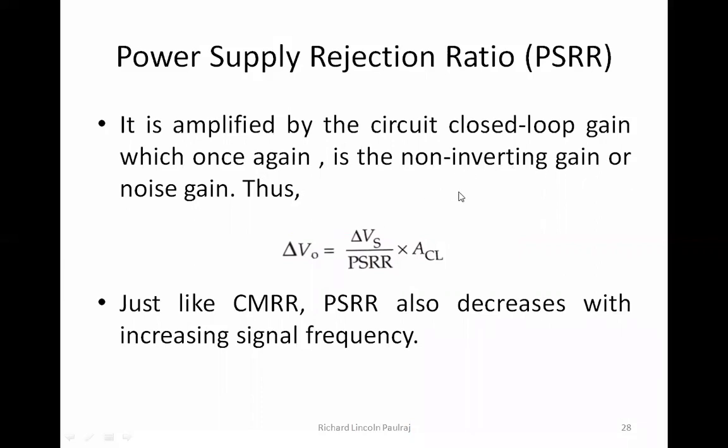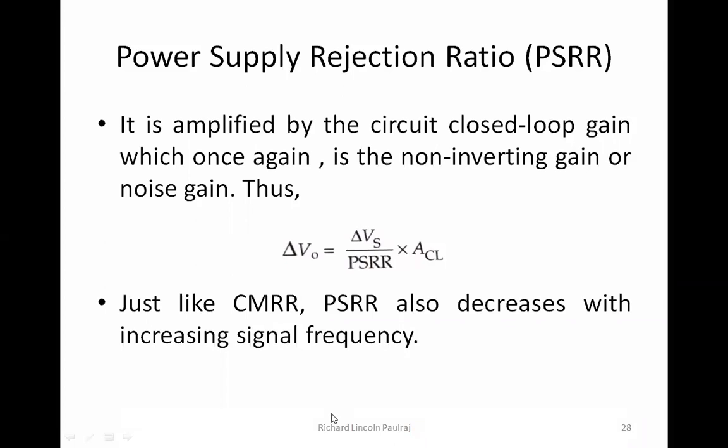So how do we bring it out in terms of a formula? The small change in output is equal to delta Vs divided by PSRR into ACL. So you should remember this formula.